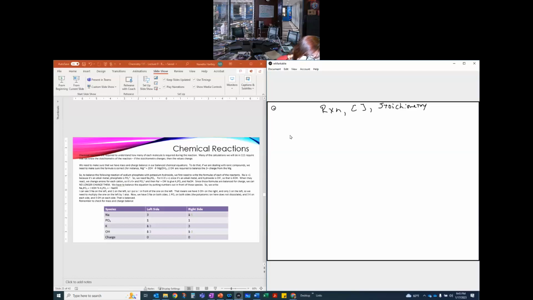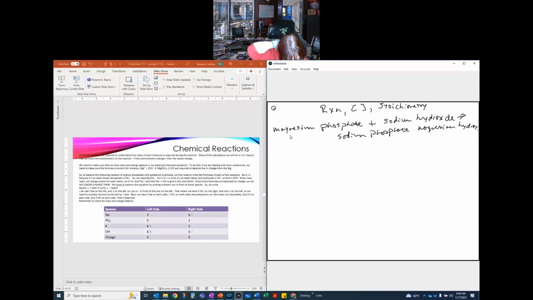Magnesium phosphate plus sodium hydroxide. And that's going to give me a sodium phosphate and a magnesium hydroxide. I'm just going to truncate it there.